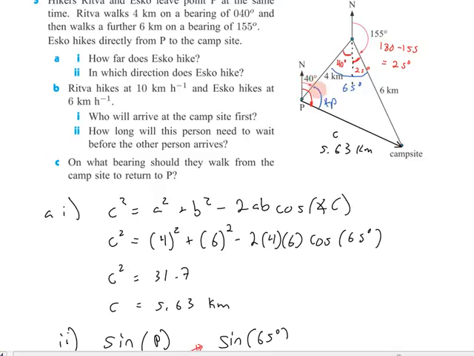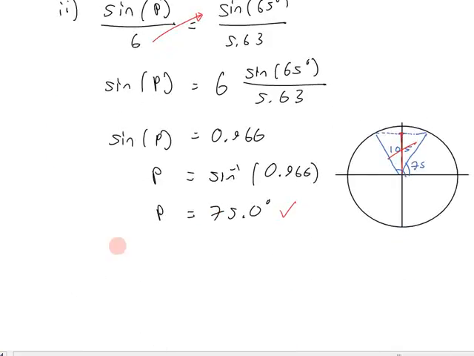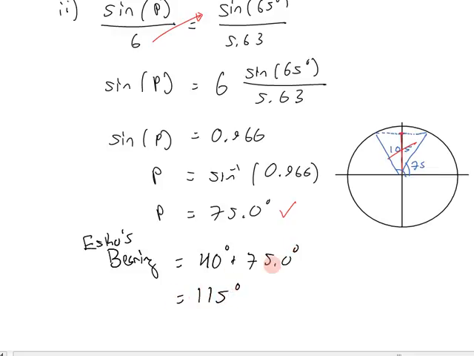So 40 degrees plus 75 degrees. So Esco hikes at a bearing of 40 degrees plus 75 degrees for a total of 115 degrees to 3 significant figures.